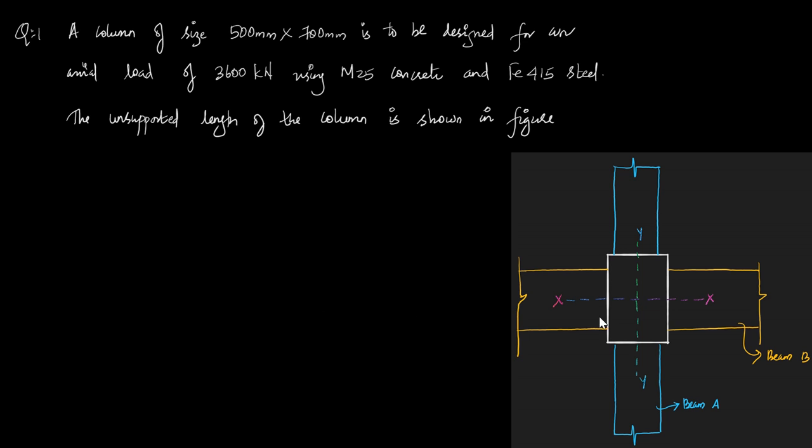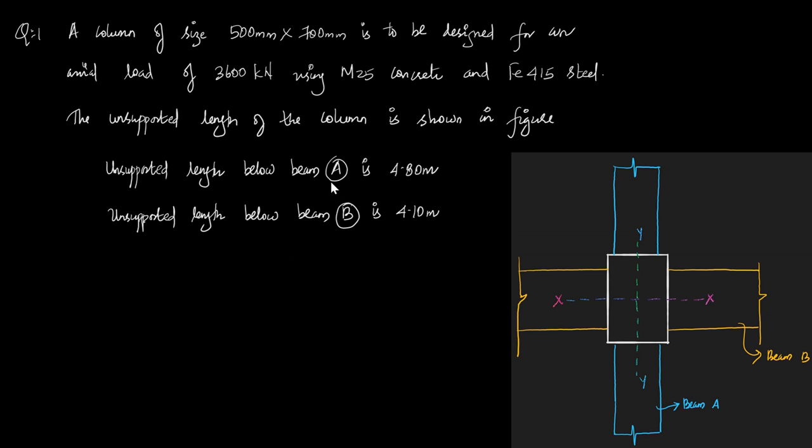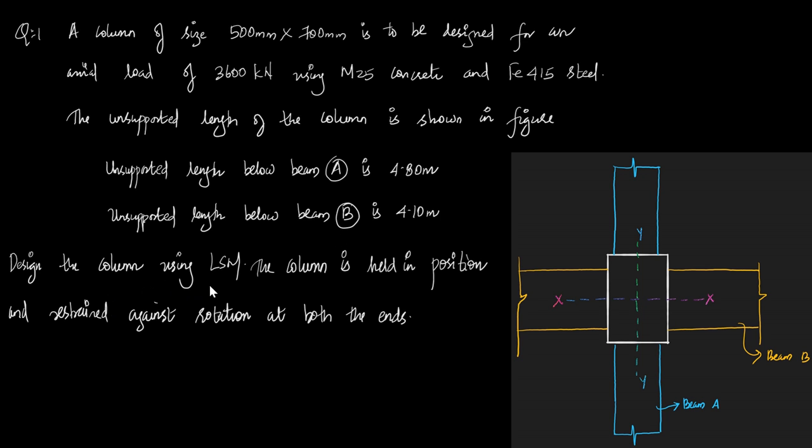You can see here the column is 500 mm by 700 mm. There is a beam B in the x-axis and beam A in the y-axis. The unsupported length below beam A is given as 4.8 and below beam B is given as 4.1 meter. Design the column using the limit state method.